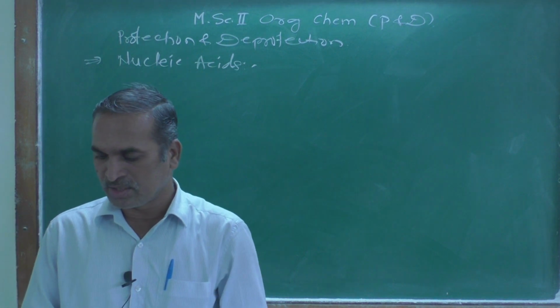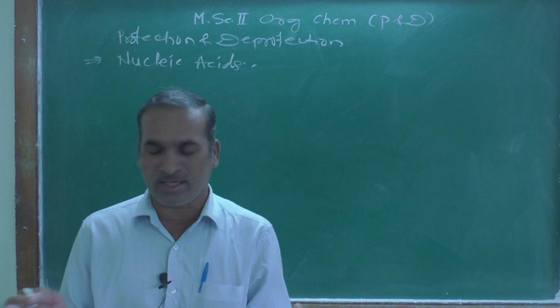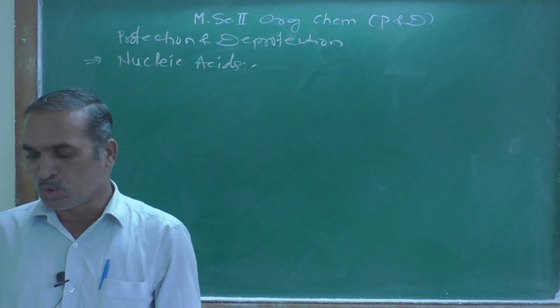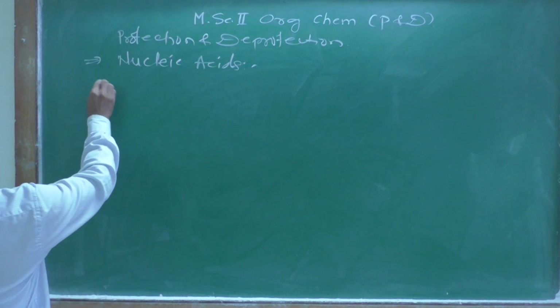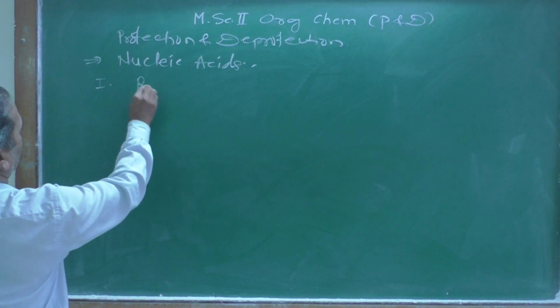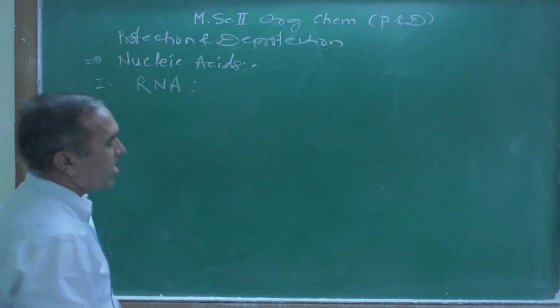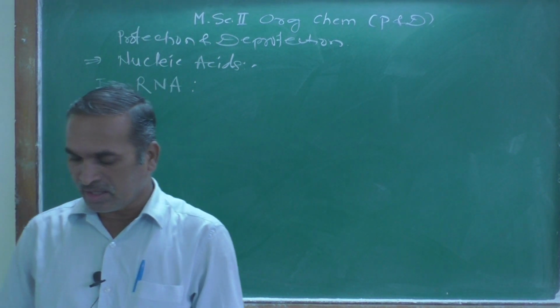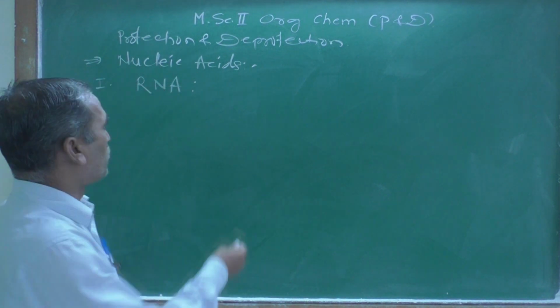These are polymer molecules, and as we know there are two types of nucleic acid. The first one is known as RNA, and this RNA is found in cytoplasm and nucleus.